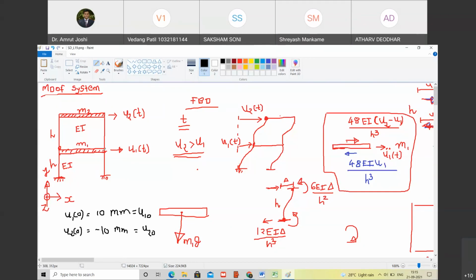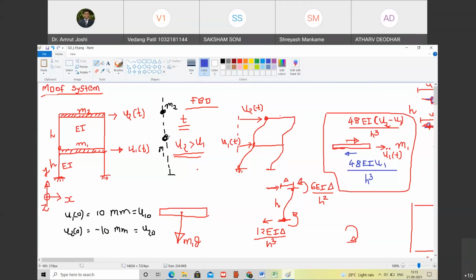This means that at the start of observation, m1 was pulled towards the right by 10 mm and m2 was pulled towards the left by 10 mm from the mean position. Are you with me? Yes, sir. If I mark the mean position, this is M1, this is M2.